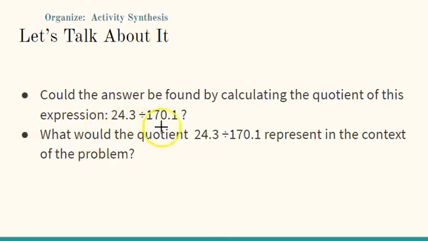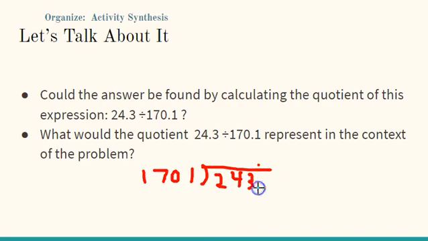So, I think same sort of thing when you're thinking about one like this, where you've got 24 and 3/10 divided by 170 and 1/10, for most of you, you are probably going to want to multiply that decimal out of the divisor just because it's going to help with being more accurate. Like I said, you don't have to.